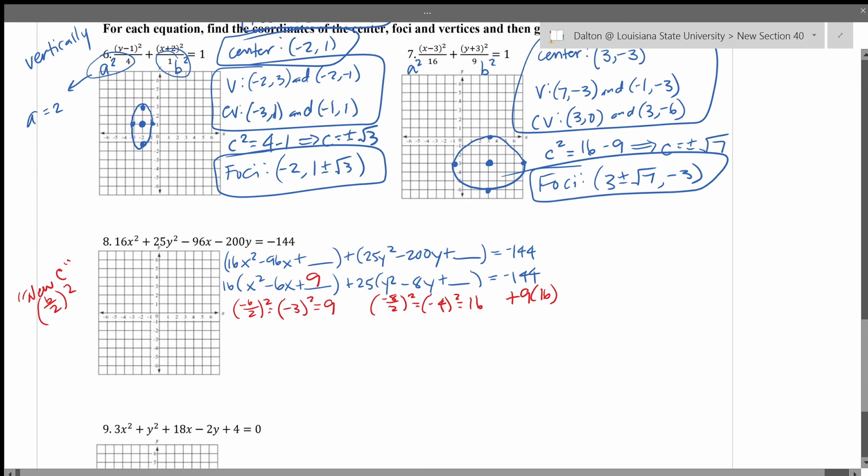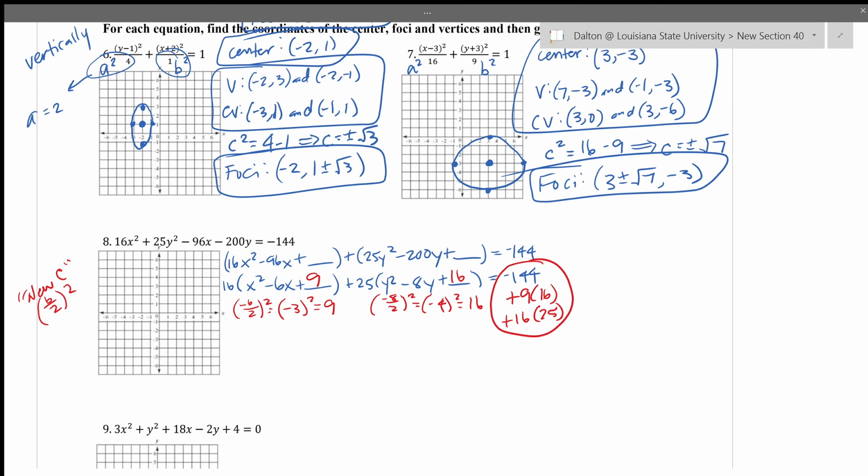Same thing with the y's. When you add 16, you're not just adding 16, right? You're adding 16 times the 25 that's on the outside of that parentheses as well, because it'll distribute in. So this is the tricky part, trying to remember when you add to both sides to remember the distribution of the coefficient on the outside, or the constant on the outside.